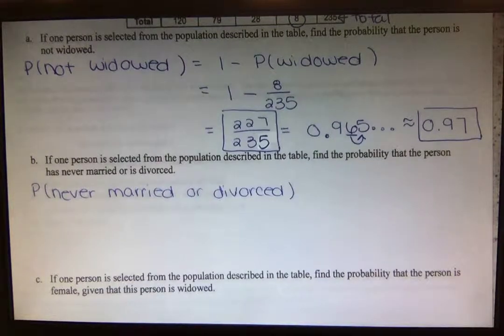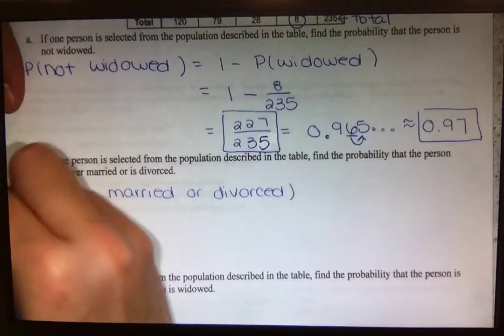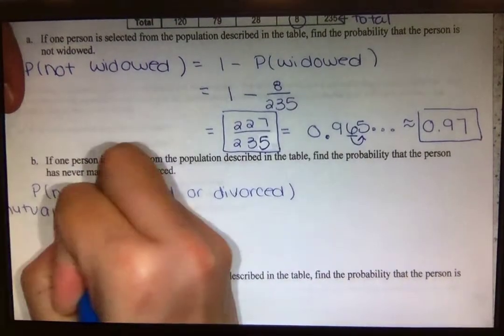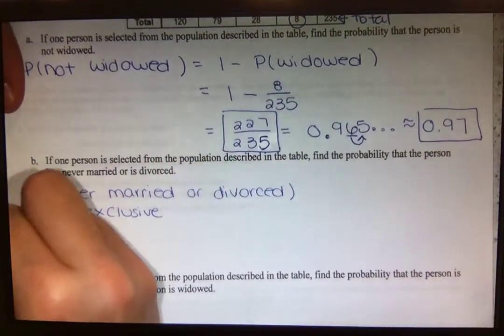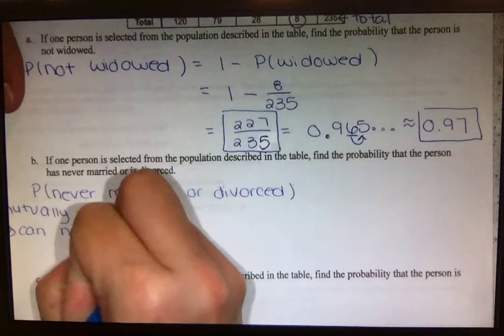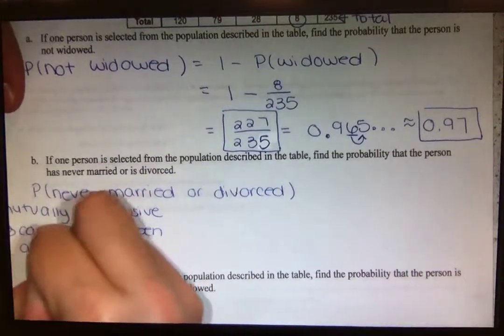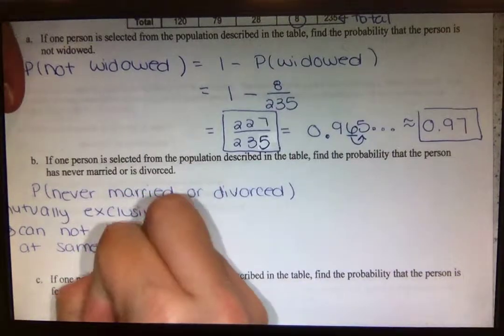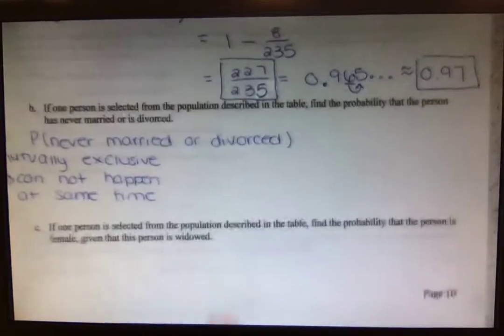Can they be both never married and divorced? That doesn't make sense, right? So they are mutually exclusive. They cannot happen at the same time. You can't be both never married and divorced. So it means they're mutually exclusive.